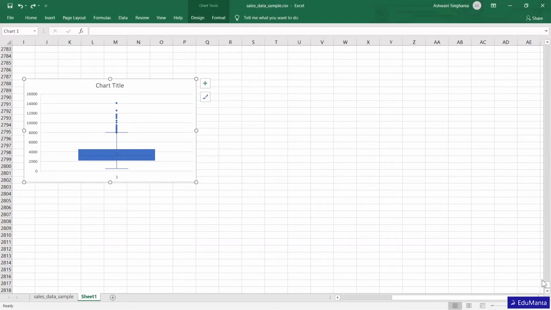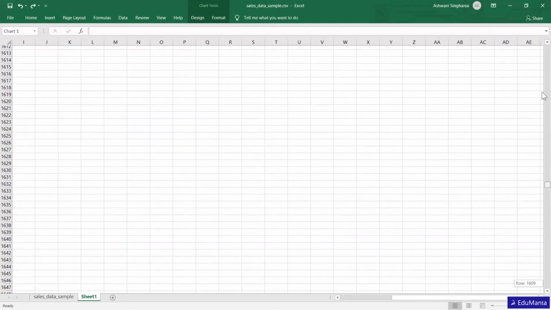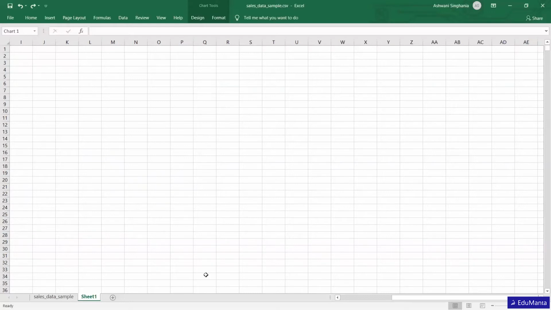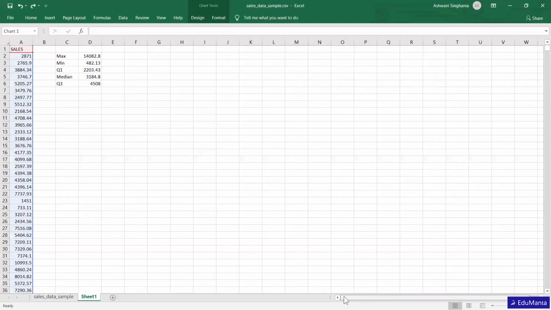And if we look at the minimum value where we have calculated it, it's nothing else but the same number, and we can even match Q1, Q3 and the median over there. But the maximum is what? 14,082.